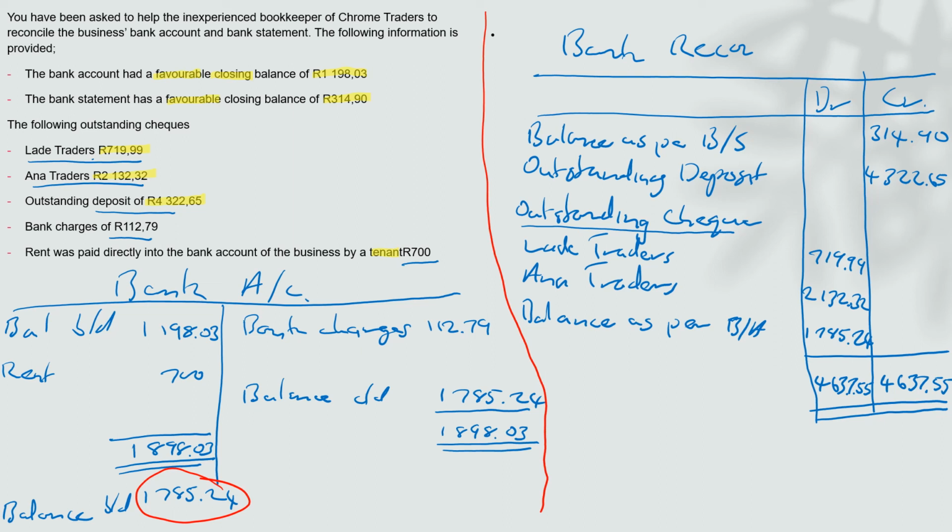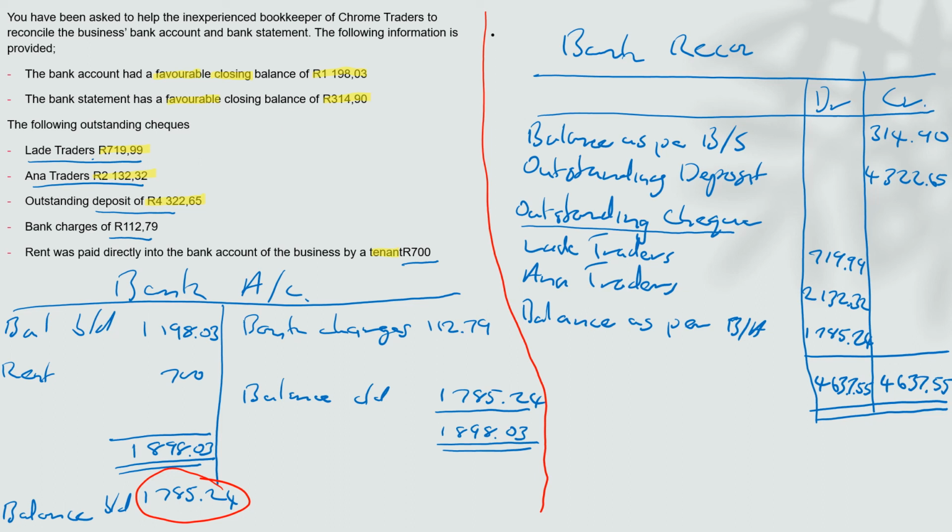It's as simple as that. Once you know exactly what you're doing, the whole idea is understanding that when you update your bank ledger account, you're looking for the things that appear in the bank statement and not in the ledger account, because you didn't record those. Then you go to reconcile.